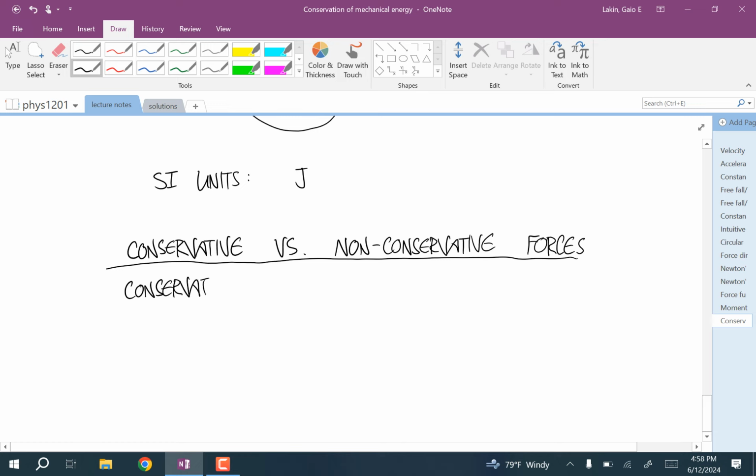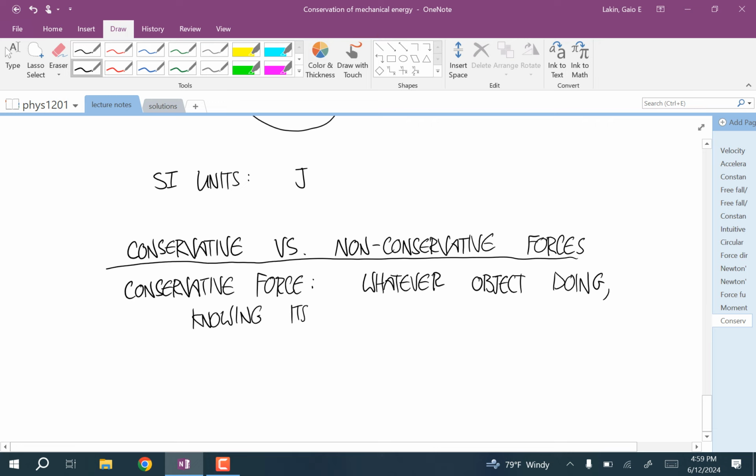So, okay, a conservative force is one where, whatever the object is doing, knowing its location is enough to know the force.